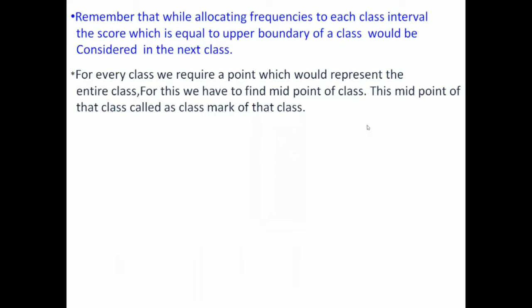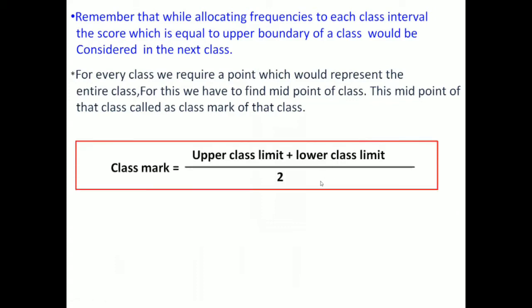This midpoint of the class is called the class mark of that class. So to find the class mark, what to do? We add the upper class limit and the lower class limit and take half of it. Upper class limit plus lower class limit divided by 2 is equal to the class mark. This is very useful to solve our problems. So observe this carefully.